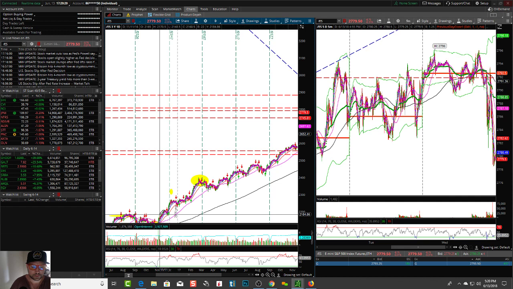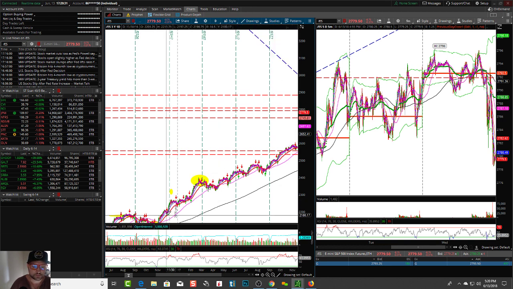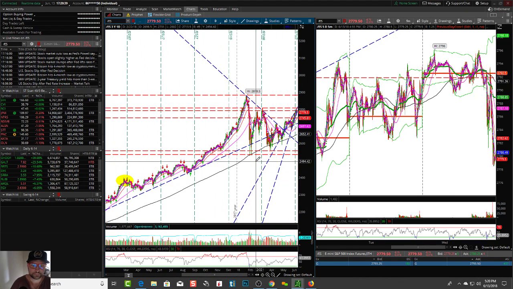So back here in November 2016, right back over in here, let's draw your trend line. You can see since the election, right back over here, pretty much what has the market done? It's gone up, right?